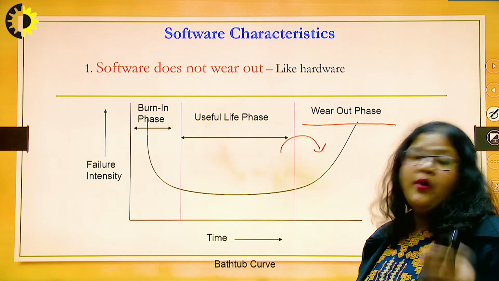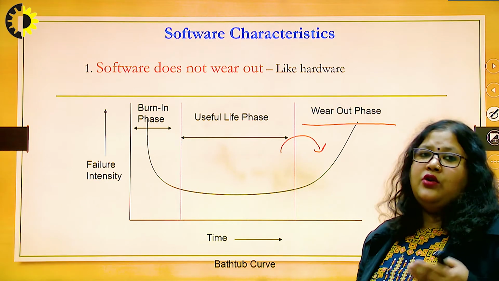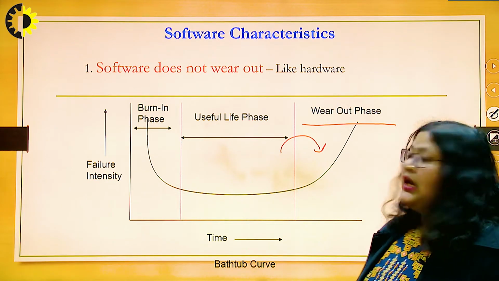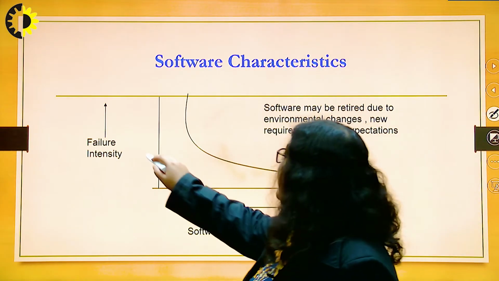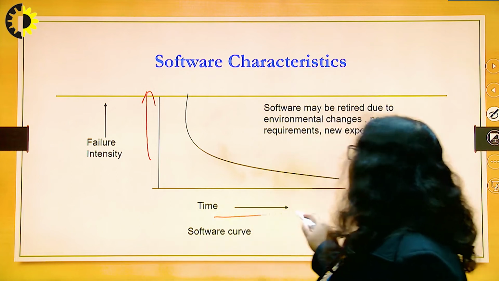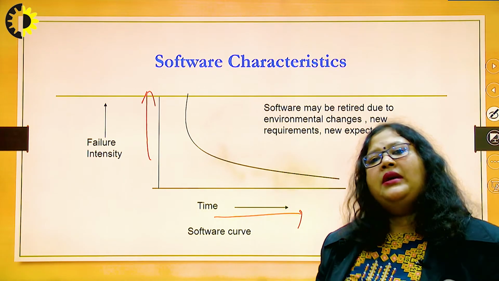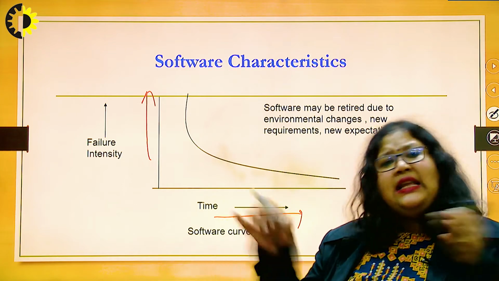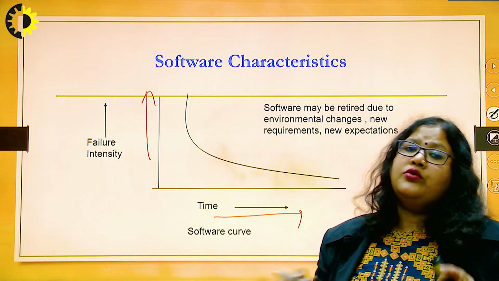This is a very important topic of software engineering, that software does not wear out. So let's see the software curve. Basically, when the failure intensity increases with time, the software is retired due to environmental changes or other changes. Software may be retired, but it does not go into the wear out phase.